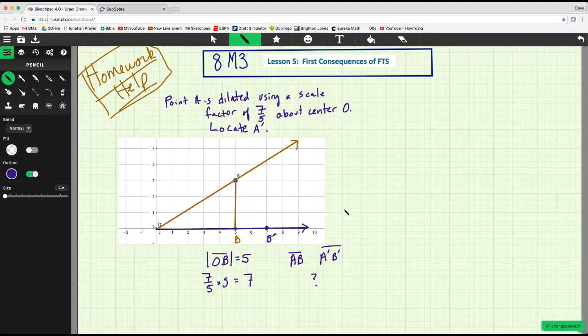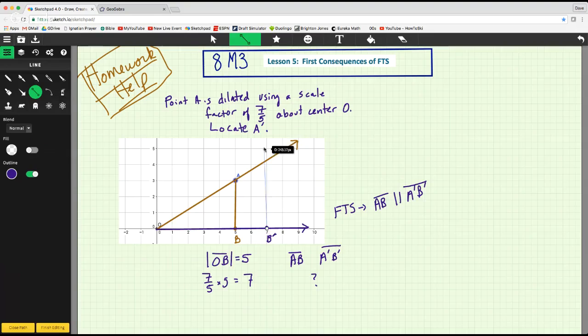Well, the fundamental theorem of similarity tells us that AB must be parallel to A prime B prime. So I know that this line here, wherever it is, it's got to be straight up and down. If this one's straight up and down, parallel is also going to be straight up and down. So let's make our line that goes straight up and down.